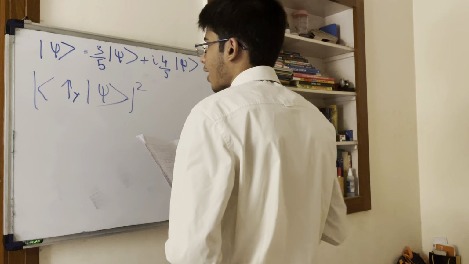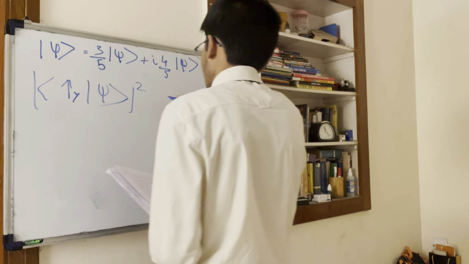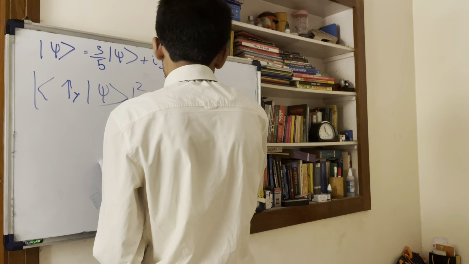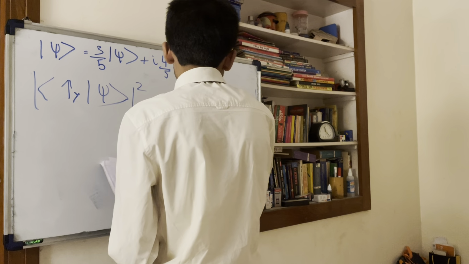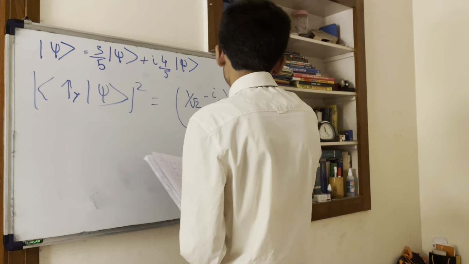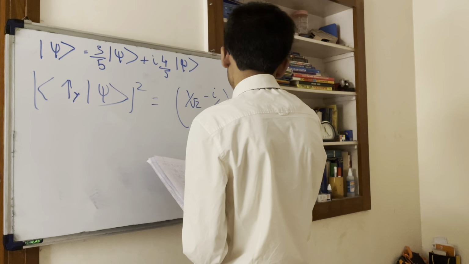I have to take the basis for y, multiply it with this and square. Same logic, 1 by root 2, minus i by root 2. This will be 3 by 5 and i 4 by 5.